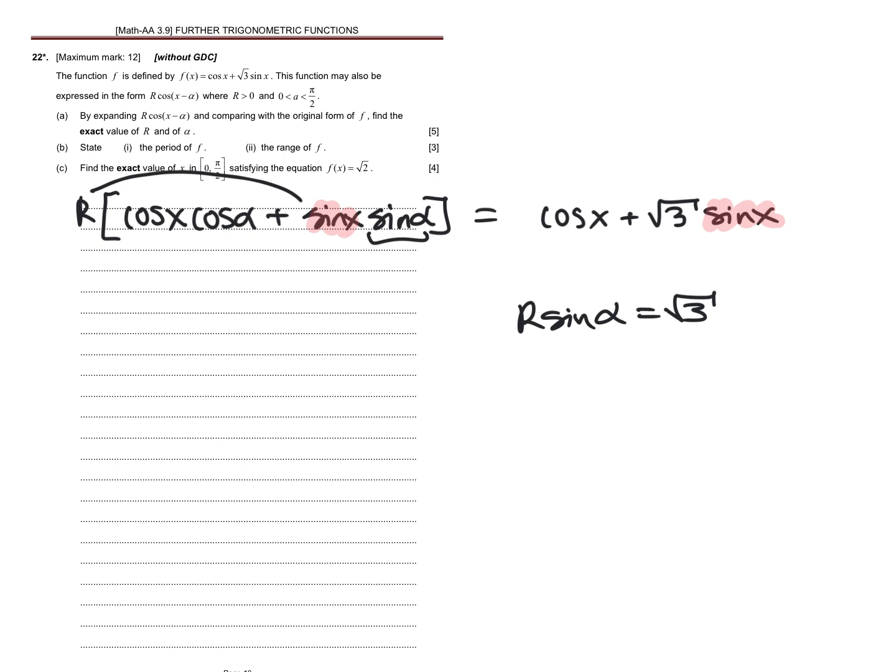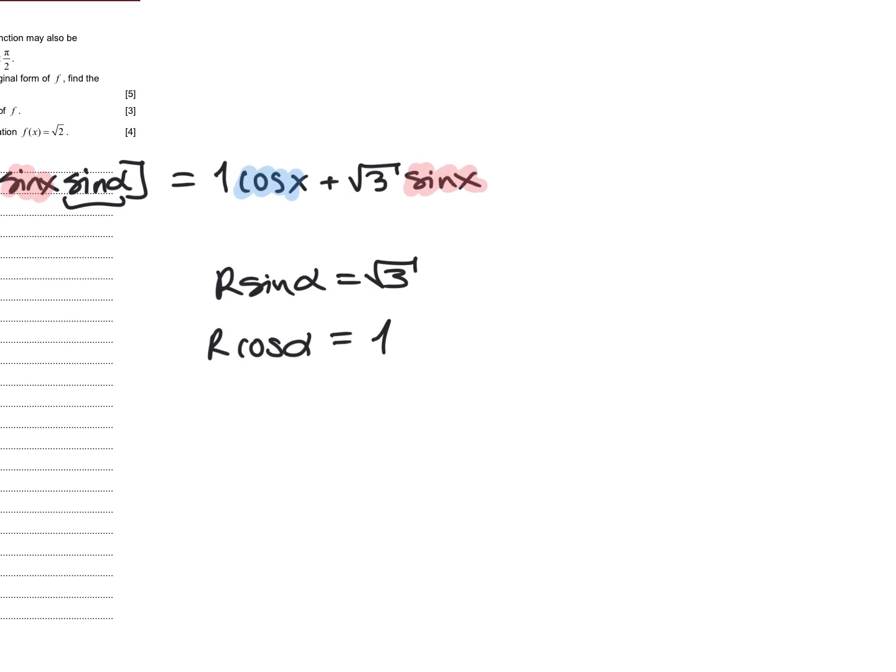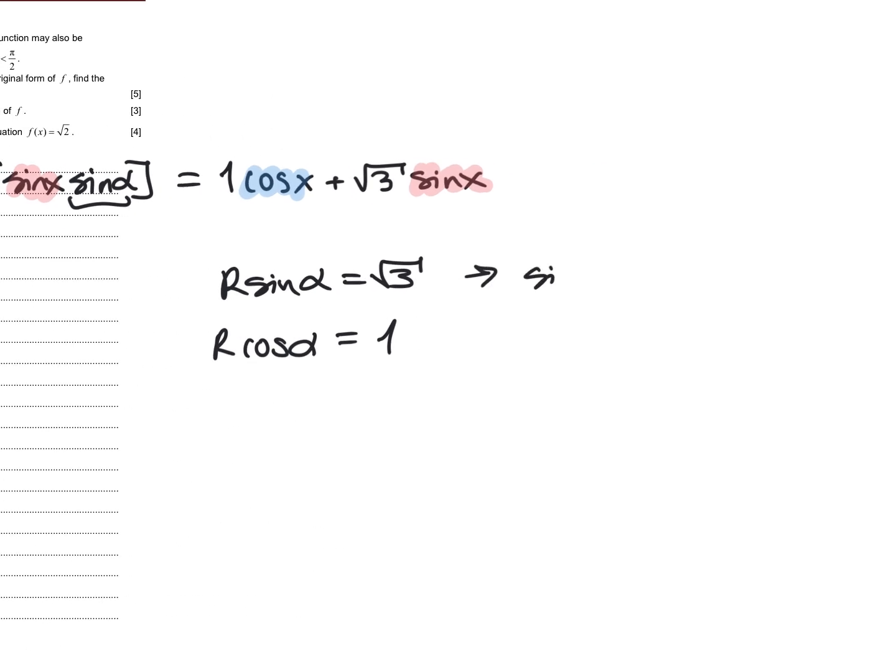And then we're going to have r cosine alpha equals 1. That's its coefficient. So that means sine alpha is root 3 over r, and cosine alpha is 1 over r.